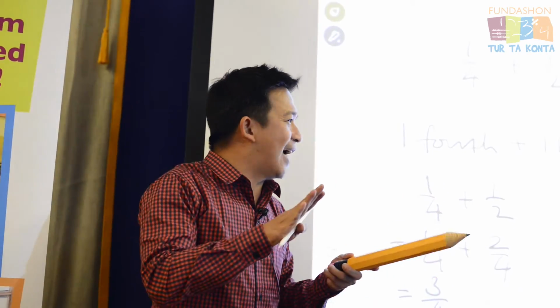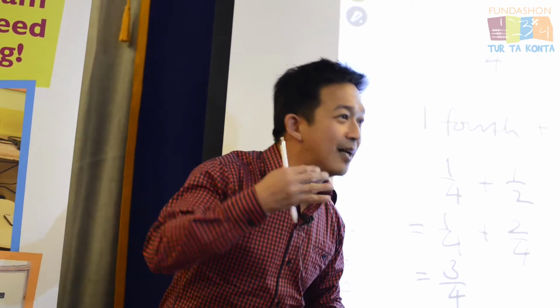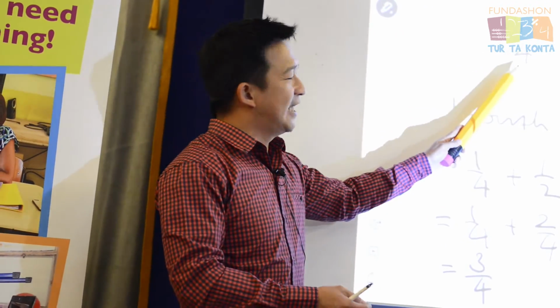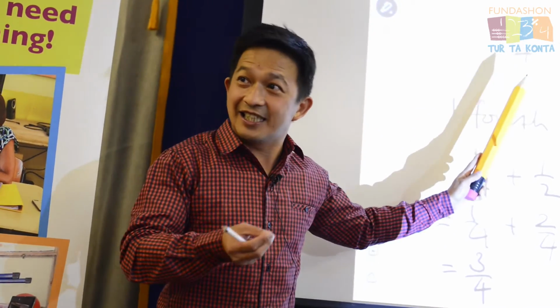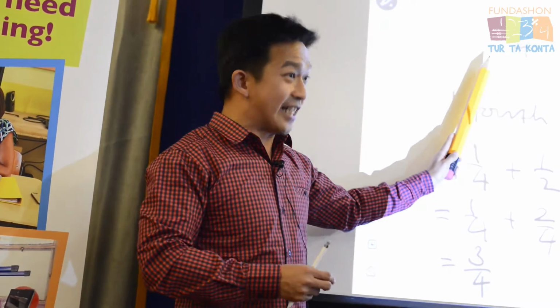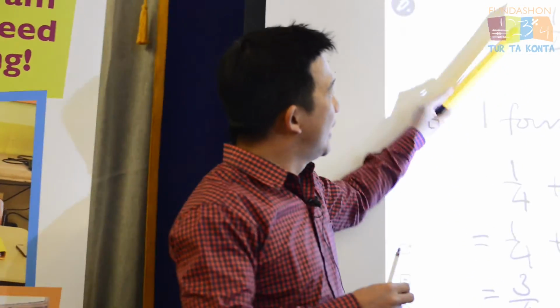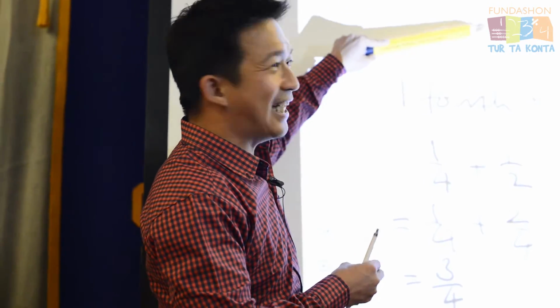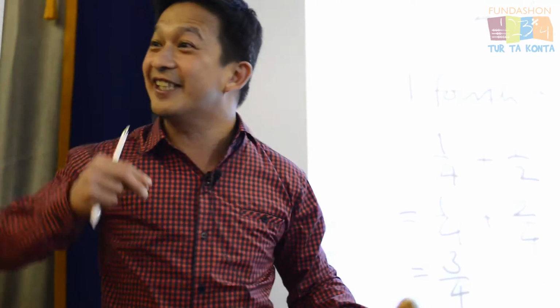Many children, for some reason, have not learned the proper grammar of mathematical language. For example, when they look at this, they are not literate. They are not able to read this. They do not know that this is to be read as the number and that is to be read as the name of the items.